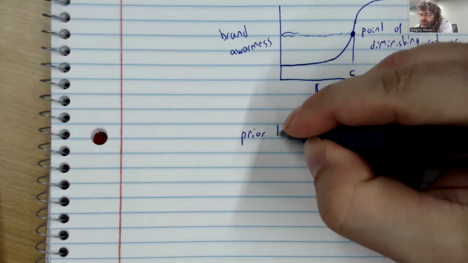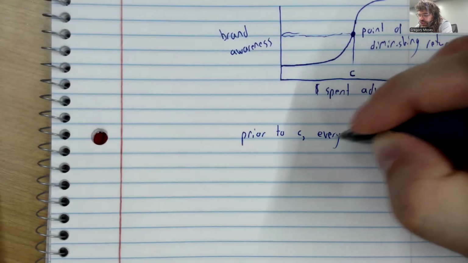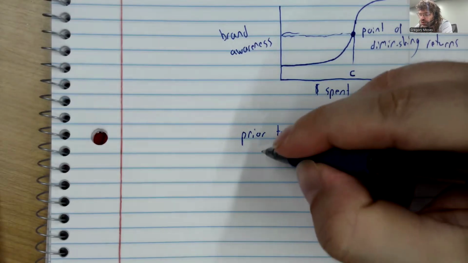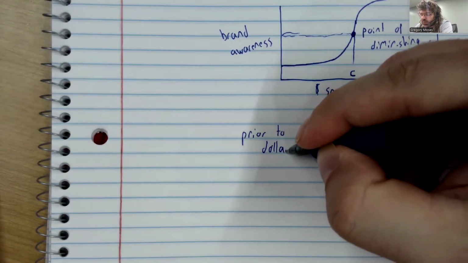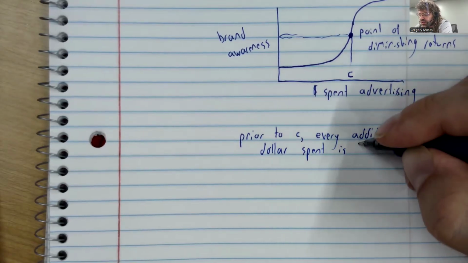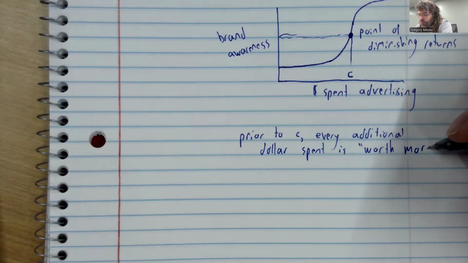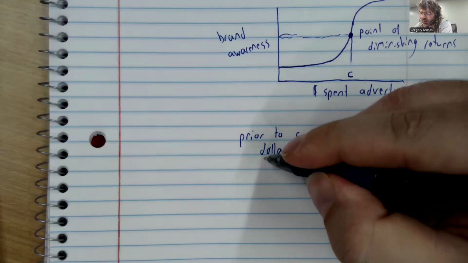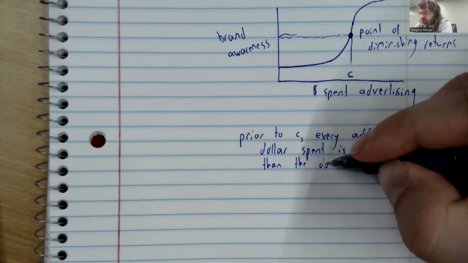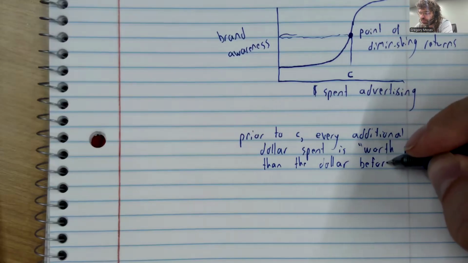Prior to C, every additional dollar spent is worth more than the dollar before it.